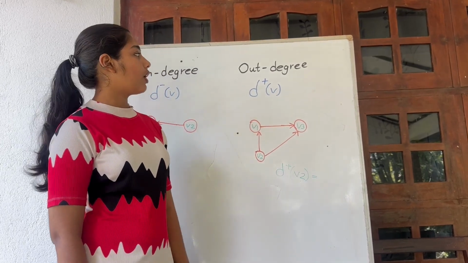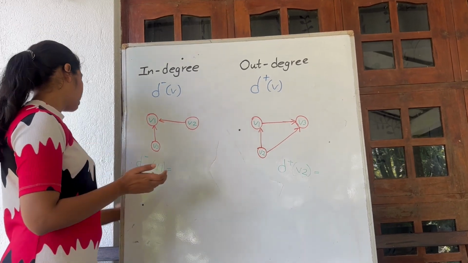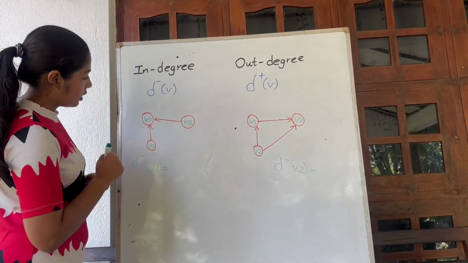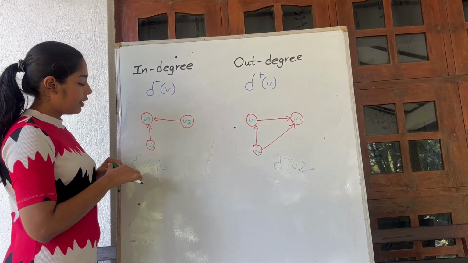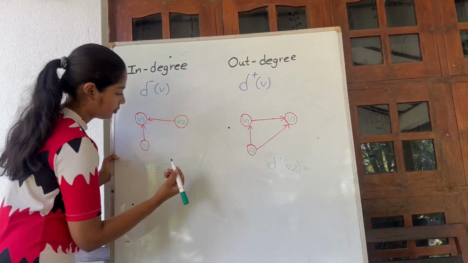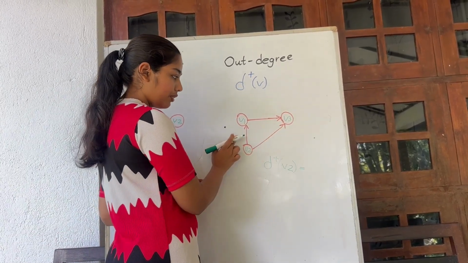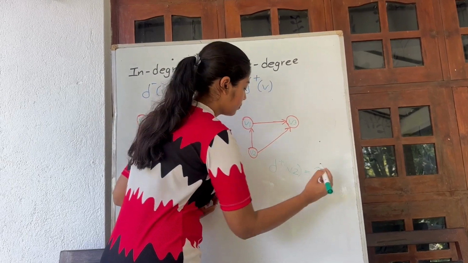The symbol of out degree is this. Here the in degree of V1 is 2 and the out degree of V2 is 2.